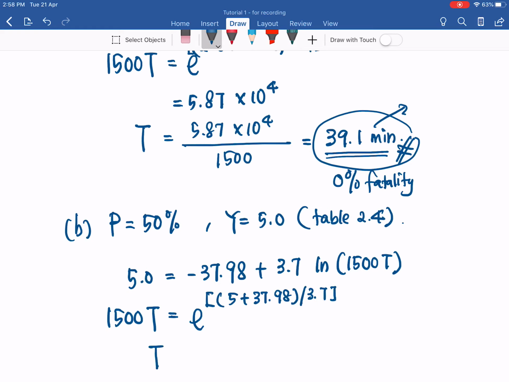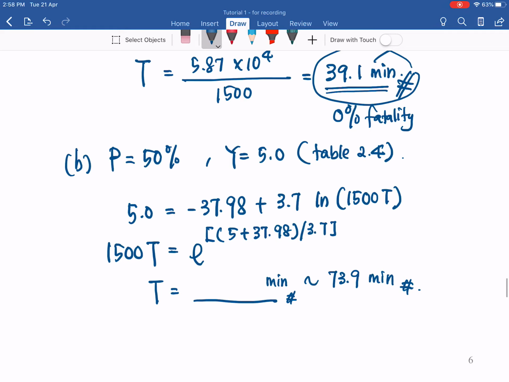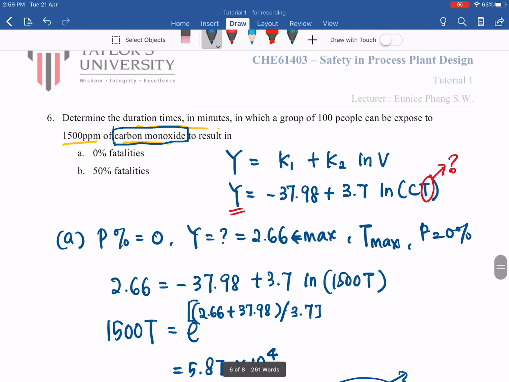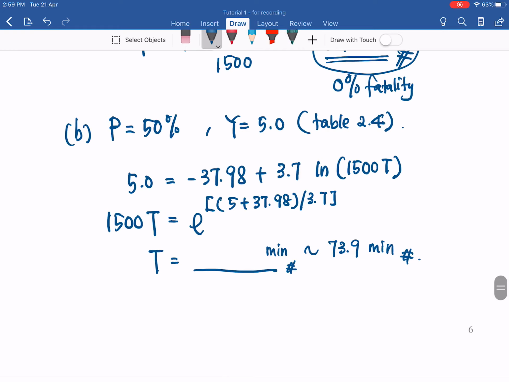So there you go, when you do your calculations in terms of minutes, if I'm not mistaken, it is about 73.9 minutes. Okay, there you go. Solved. So meaning if, let's say, the exposure is up to nearly 74 minutes, we are expecting the estimated death rate for this exposure to carbon monoxide at 1500 ppm will be around 50% death.